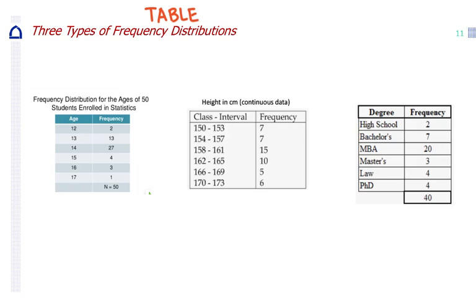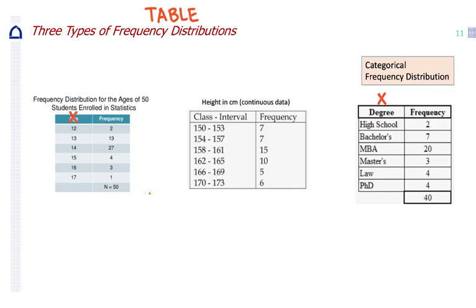Categorical deals with words. So this table on the right would be categorical because the data we collected, we call that X, it must have been the survey question, what is your highest level of education? And these are the number of people that answered. So we collected words. It was high school, bachelor's, MBA, so we use a categorical frequency distribution.